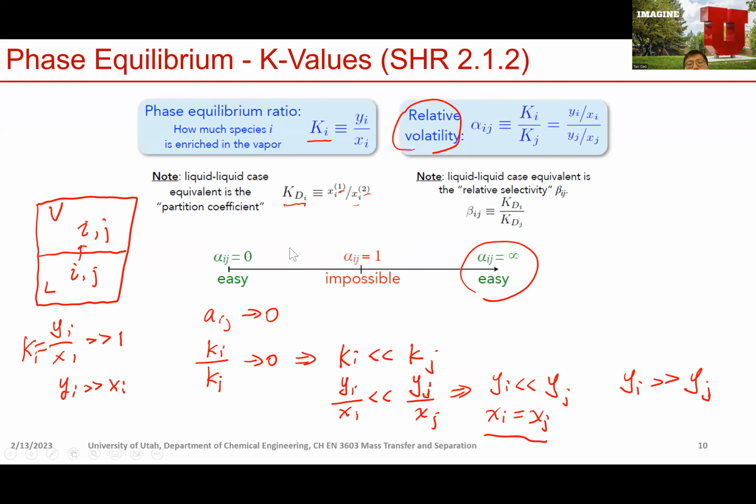As long as the relative volatility is far from one, either much larger than one or much smaller than one, we can relatively easily separate these two species, right? We will revisit this in our next lecture on single stage separation.